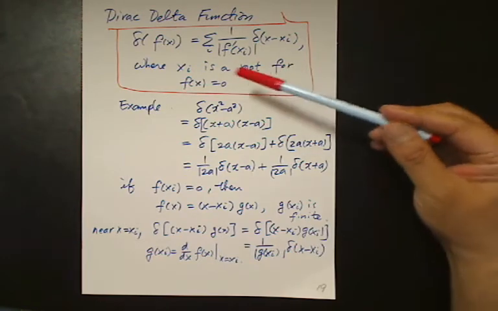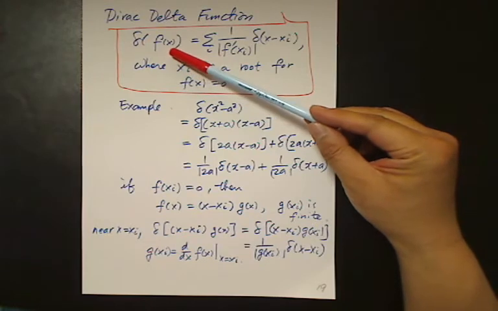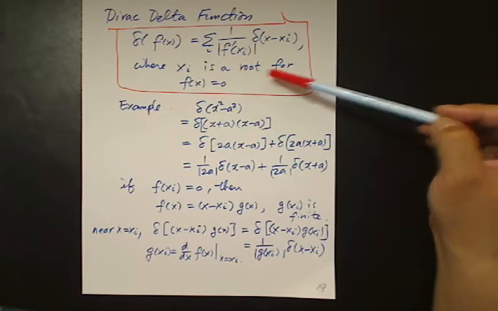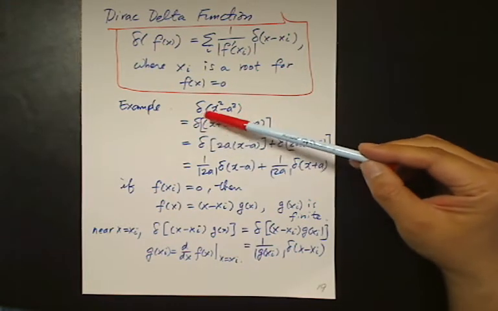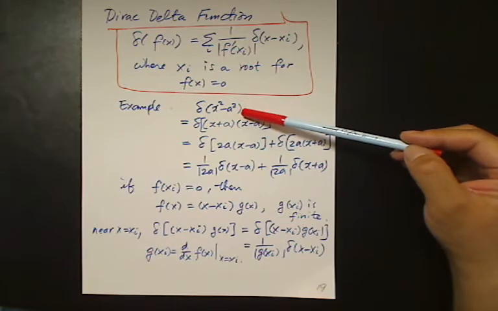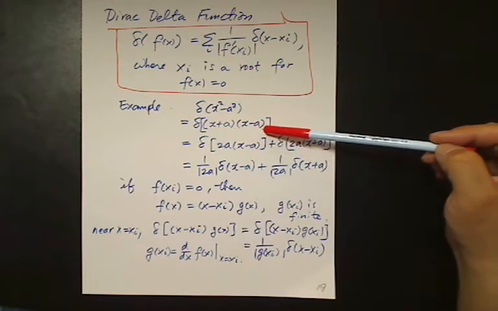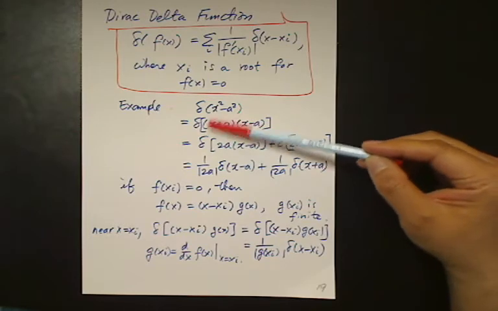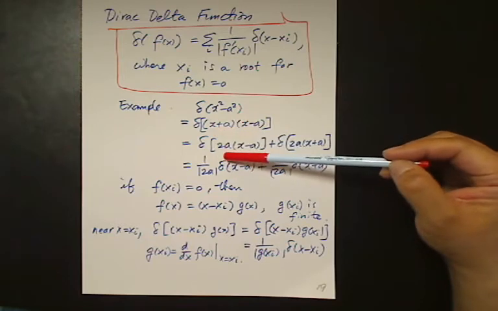Next, we consider the case when the delta function has an argument that is a function, and the function has zeros. So xi is a root of this equation. Okay, a simple case. We have delta of x squared minus a squared. It is factorized, so it is x plus a times x minus a. When x reaches a, the coefficient becomes a constant. It becomes 2a.